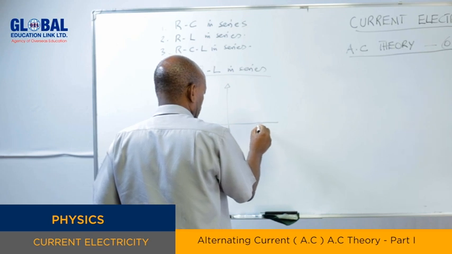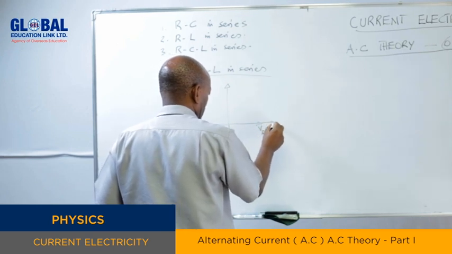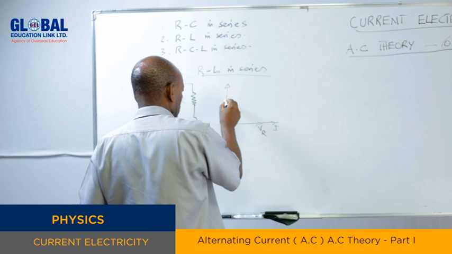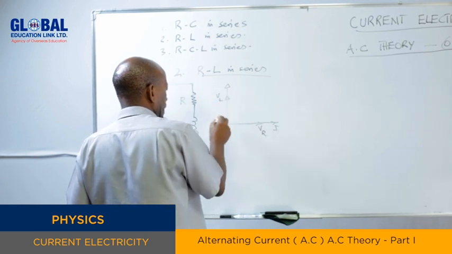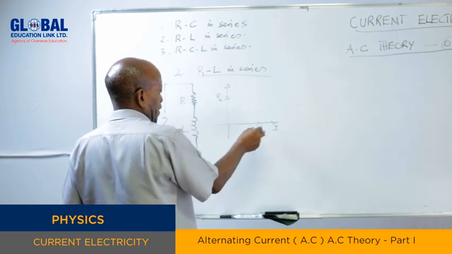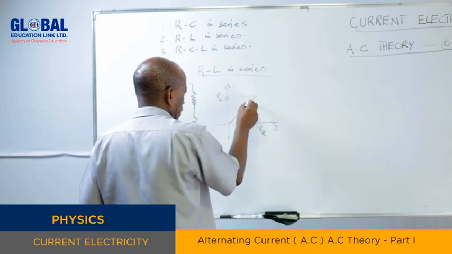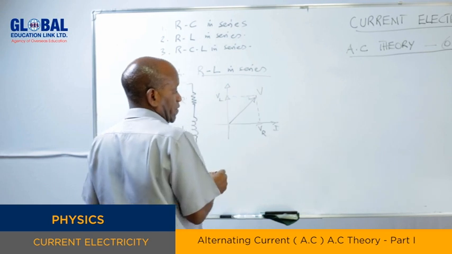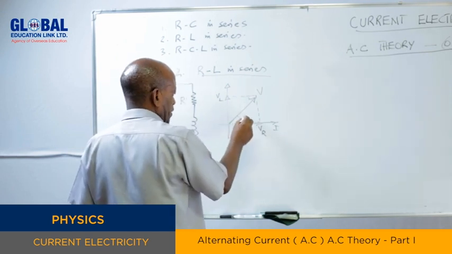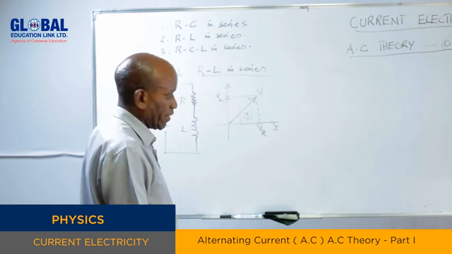That is, the voltage through a resistor is there, and this will be the direction of the current. But the voltage through an inductor leads the voltage through a resistor by 90 degrees, so that the applied voltage across the combination V is acting over there, and it is leading by this particular angle phi.